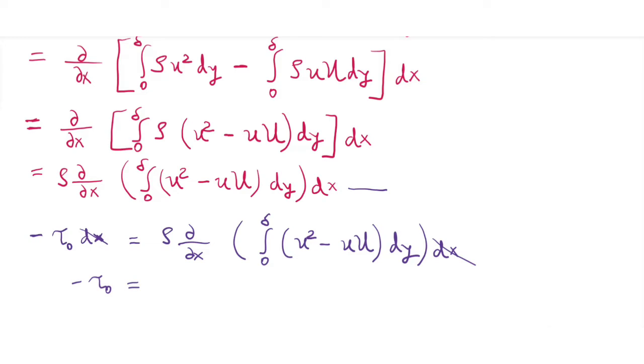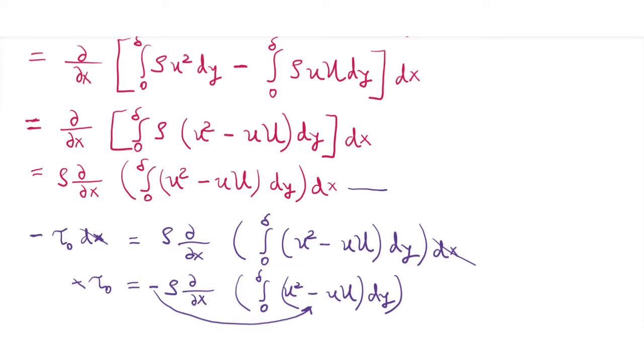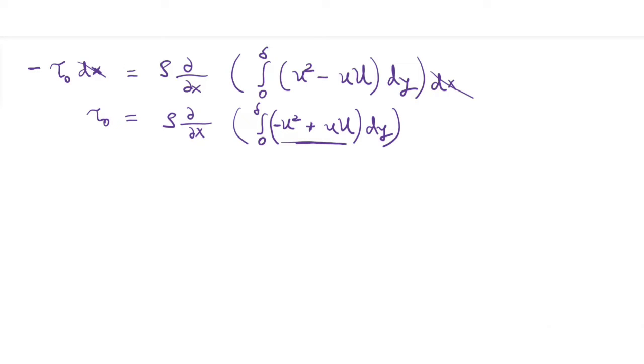This dx will get cancelled and we'll have minus tau naught is equal to rho del by del x integration 0 to delta u square minus u U dy. Now if on the right hand side I take minus as common, then this bracket will become u U minus u square. So I have taken minus common and this will be u U minus u square.